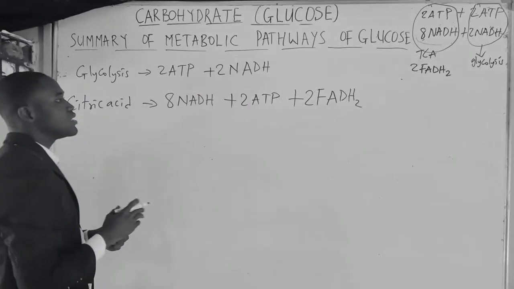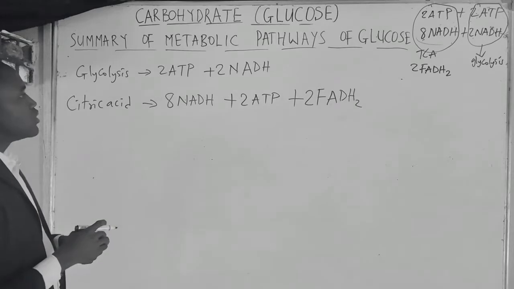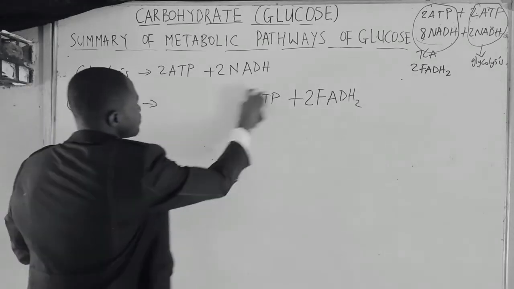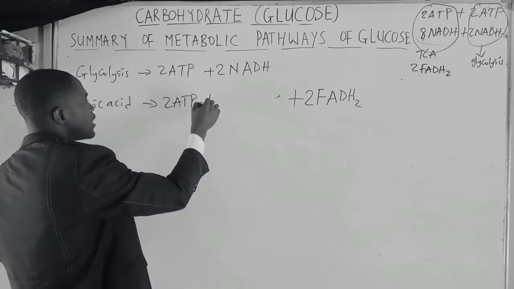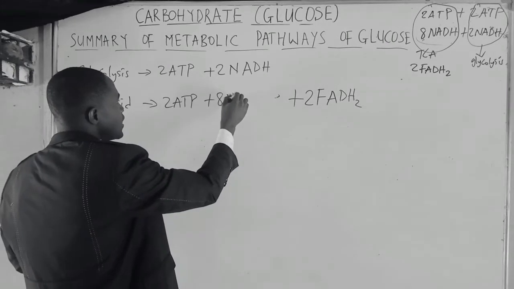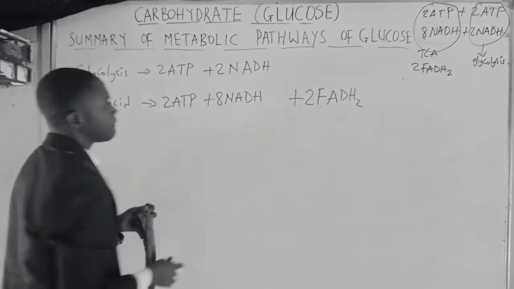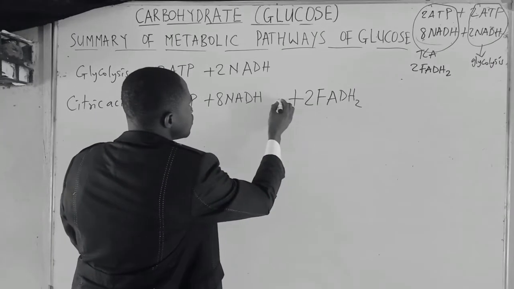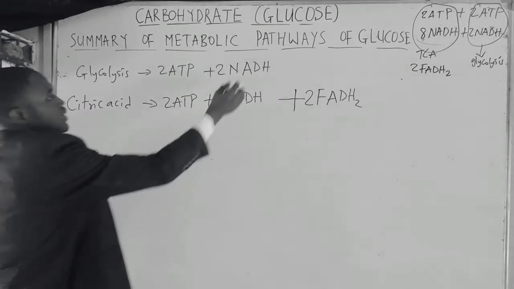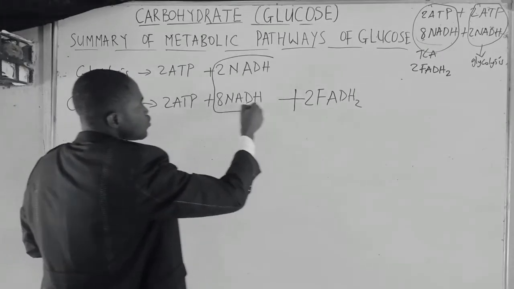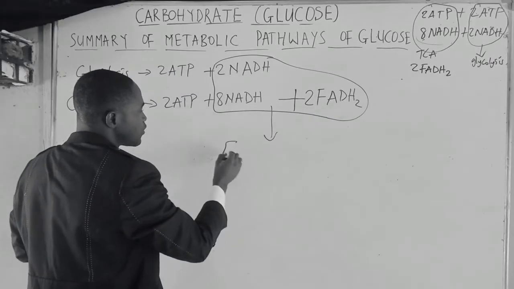So this is the summary of what happens there. Let's write it well: 2 ATP produced here, plus 8 NADH produced here, plus 2 FADH2. It is these molecules that will go into the electron transport chain.